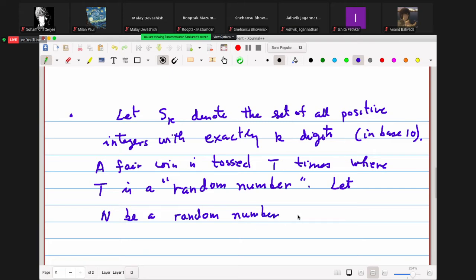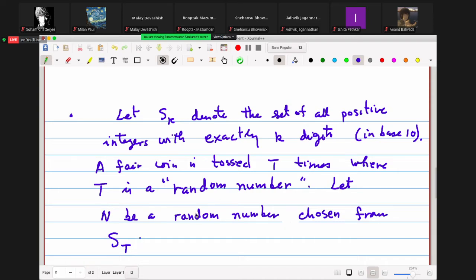So what we want to do is find the random number chosen from S_T.